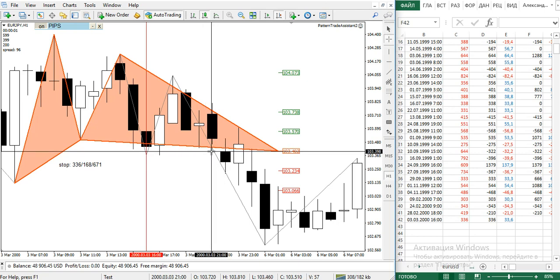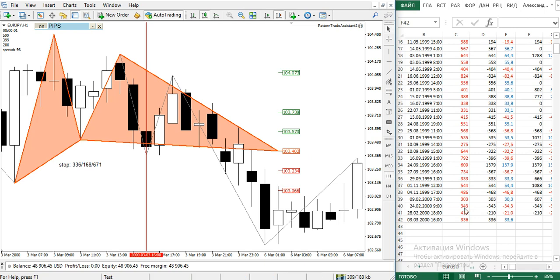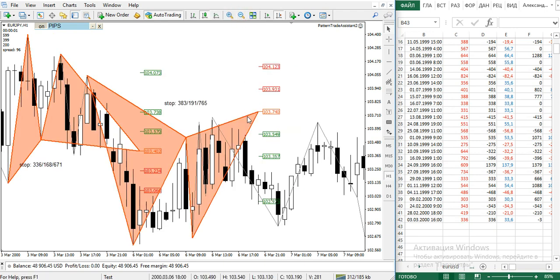The price opened here, and it opened, I'd say, minus 0.3 pips. Instead of having 0, we have minus 0.3. Oh, minus 3. Sorry. Okay, now we have it.